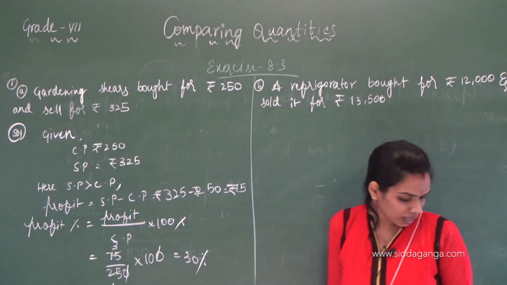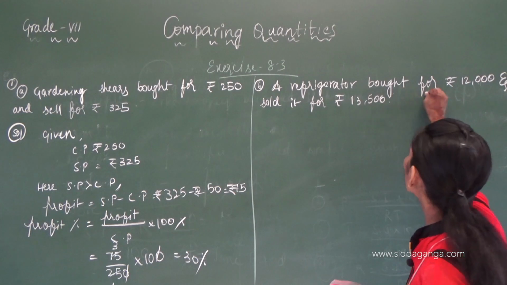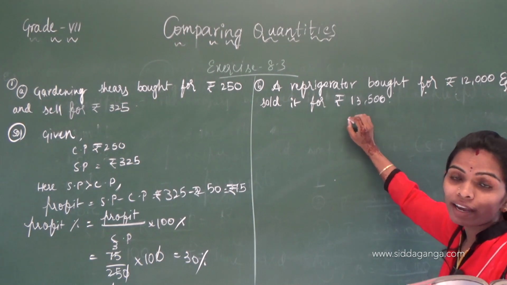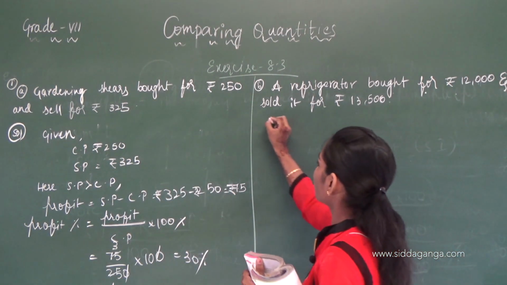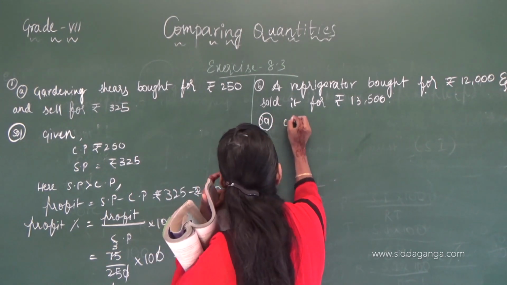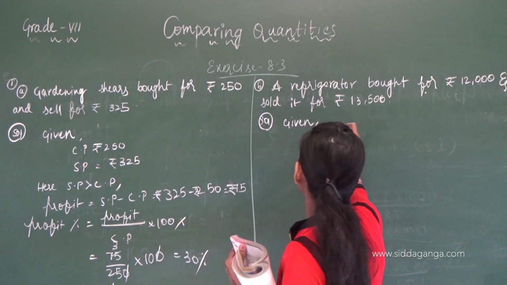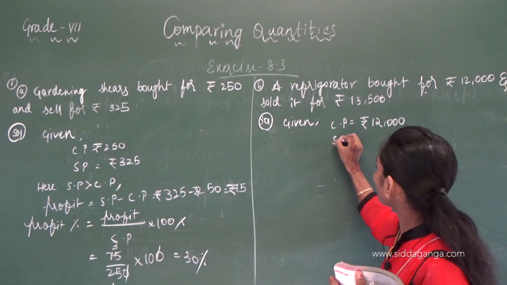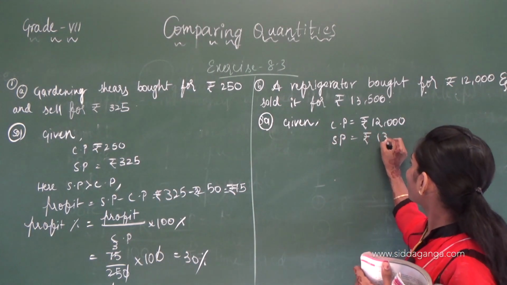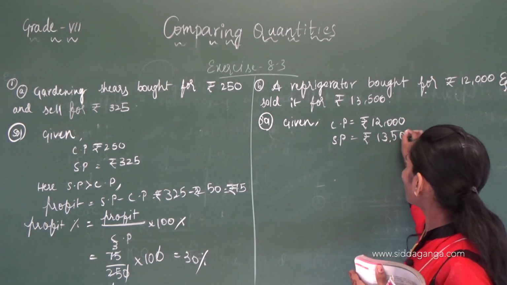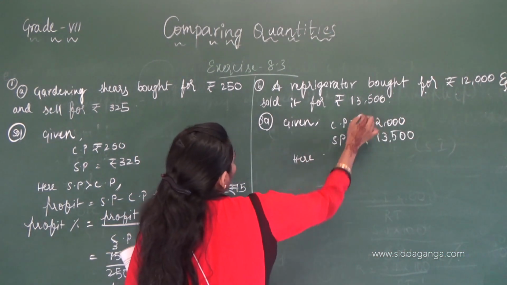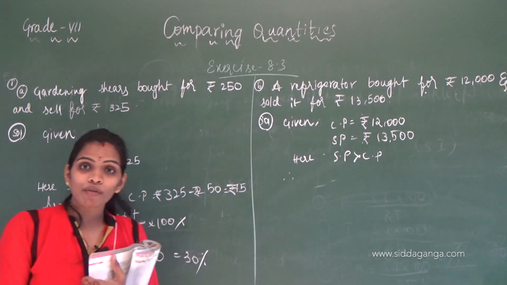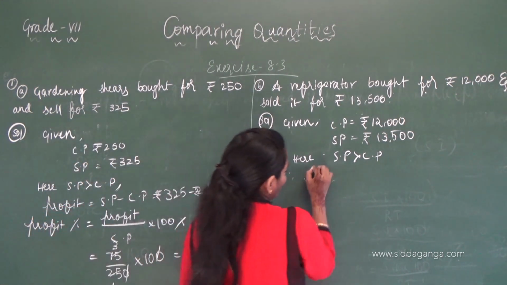And a refrigerator bought for rupees 12,000 and sold for rupees 13,500. Here, given CP equals rupees 12,000, SP equals rupees 13,500. If you compare these two, SP is greater than CP. Therefore, if SP is greater than CP, what will we get, profit or loss? Profit.